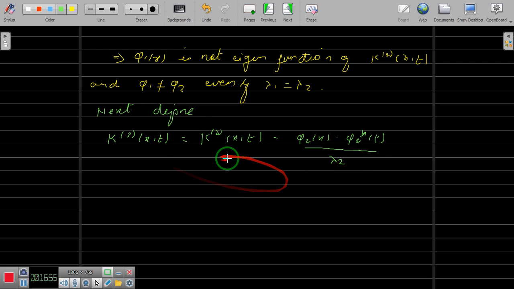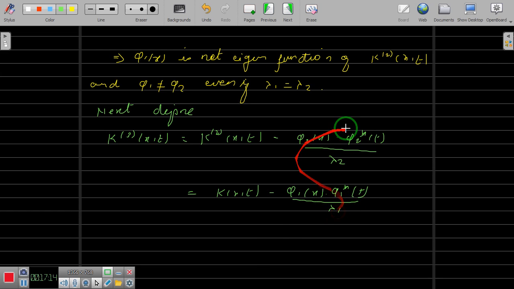And when you convert this into your lambda 1, phi 1, phi 2 and k, putting the definition of k2, it will be k of x comma t minus phi 1 of x phi 1 star of t divided by lambda 1, and then minus phi 2 of x into phi 2 star of t divided by lambda 2.